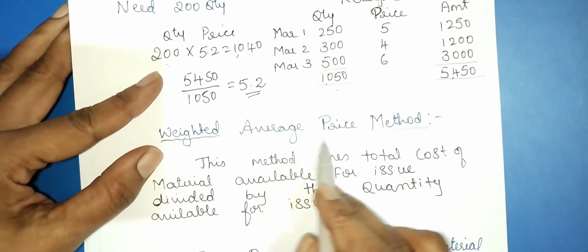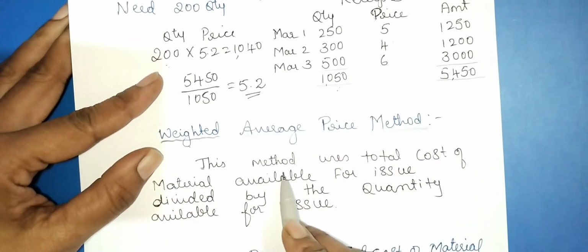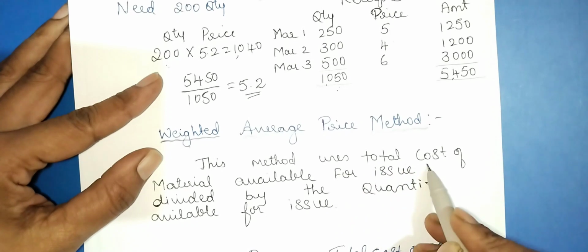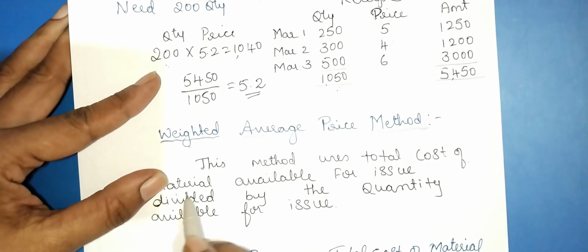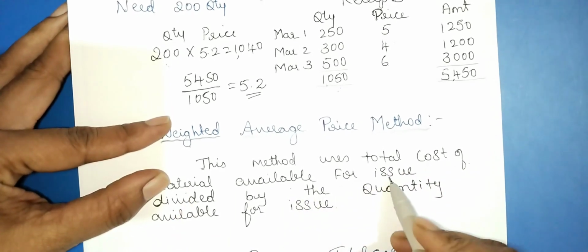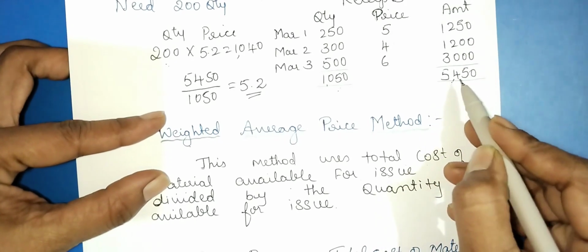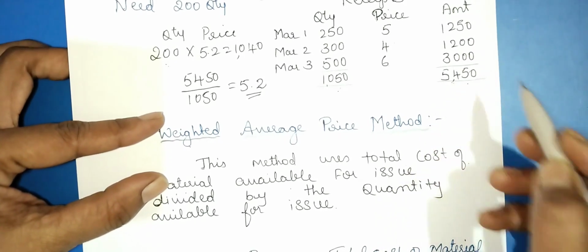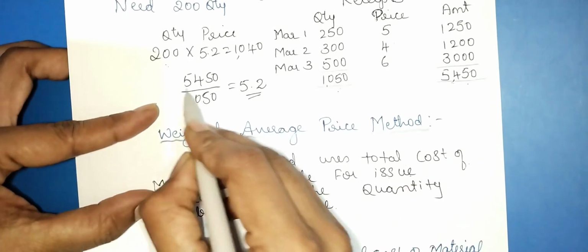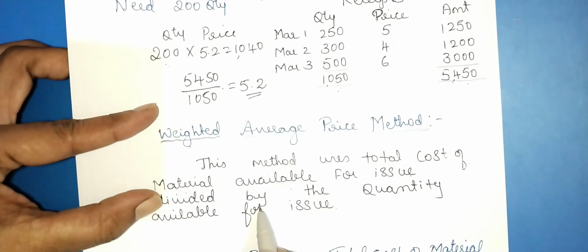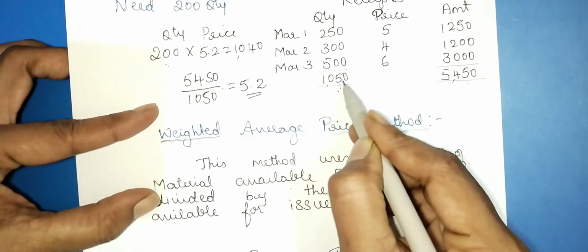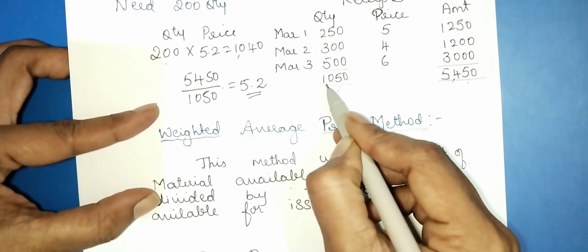The weighted average price method. This method uses total cost of material available for issue, 5450, divided by the quantity available for issue. What is the quantity available for issue? As of now 1050.